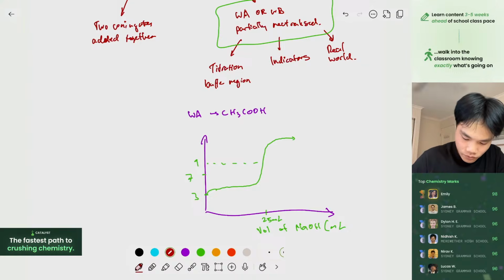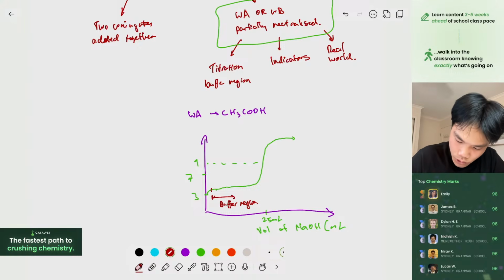We can say that a buffer is established where we start to see resistance in pH change. And so essentially from this point onward, this is our buffer region, where we start to see resistance in pH because we are adding in OH minus.